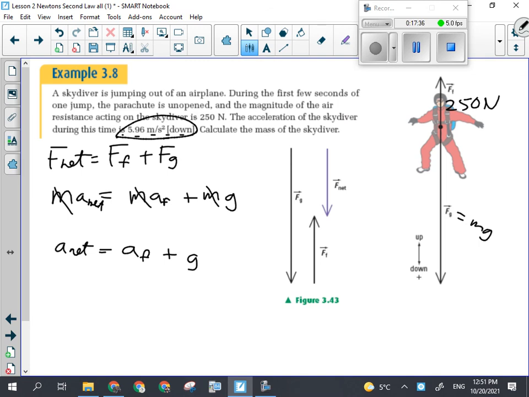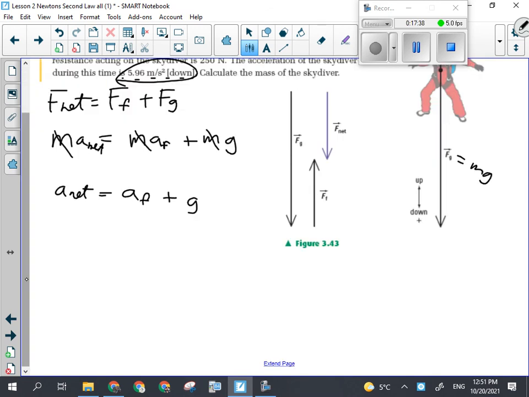They gave it to me. So I'm going to go net acceleration minus g equals the acceleration caused by the force of friction. So that'll be negative 5.96 because it's down, minus negative 9.81 because it's also down. That's going to equal the acceleration produced by friction, which will be a positive number, and it should be.